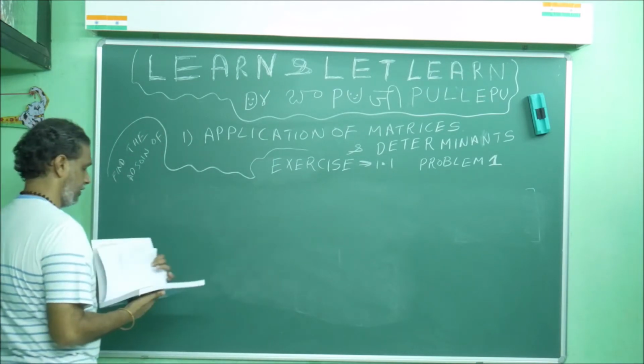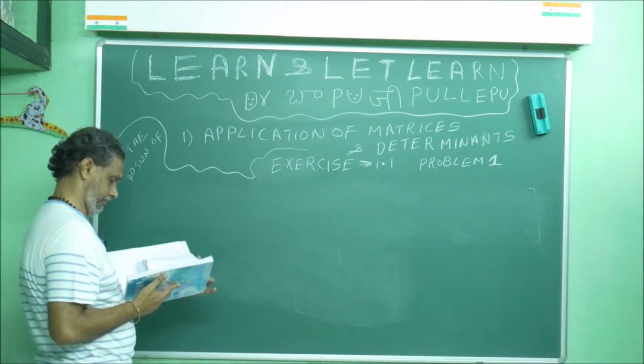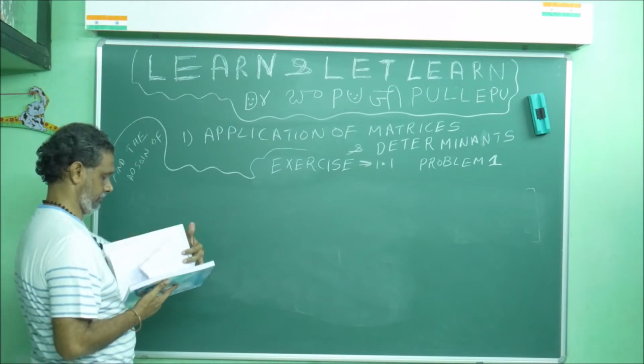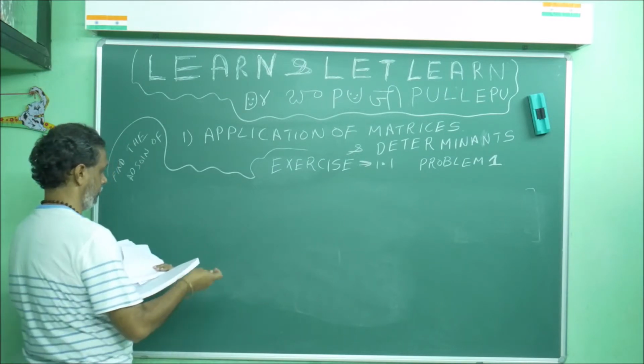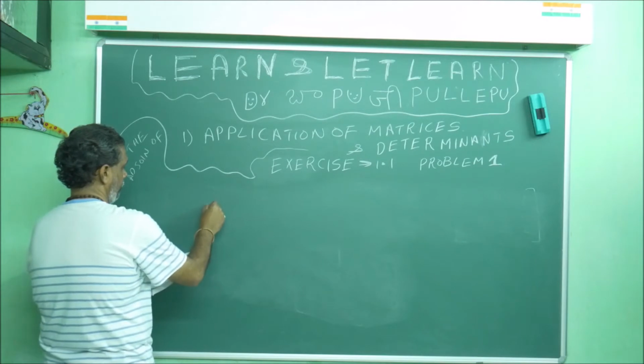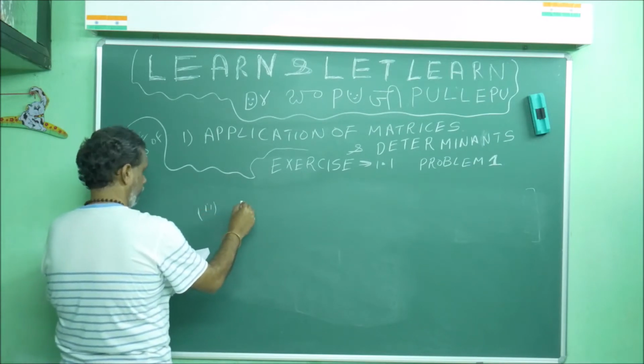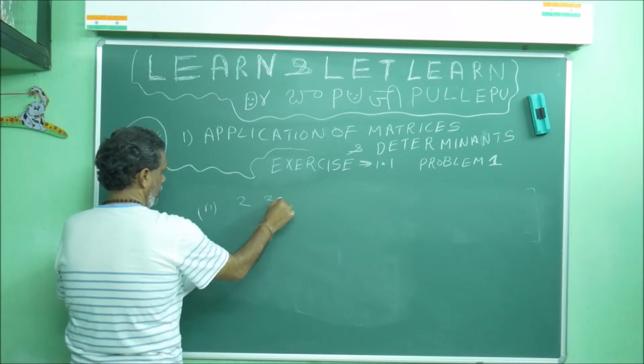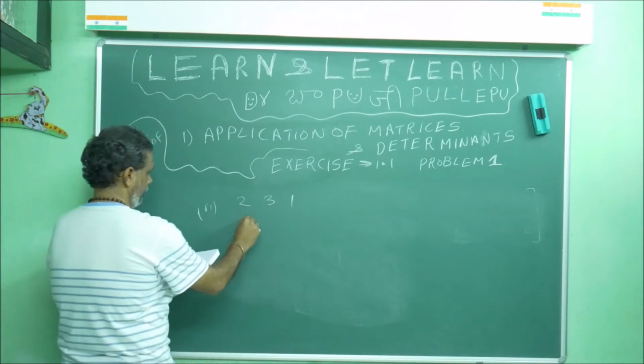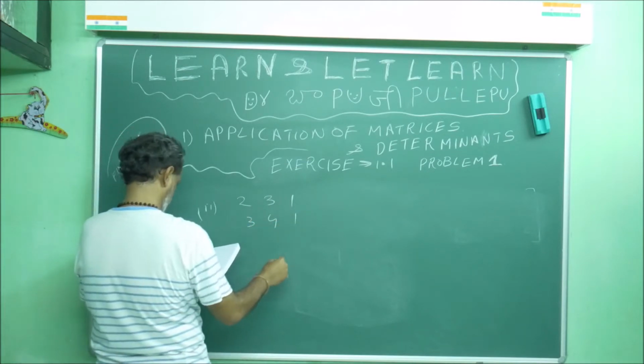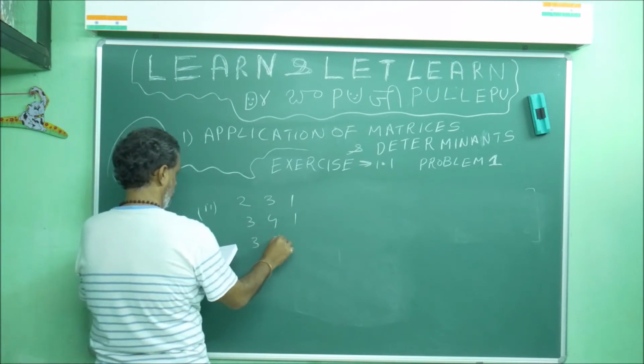What is my second problem? The matrix is 2, 3, 1, 3, 4, 1, 3, 7, 2.